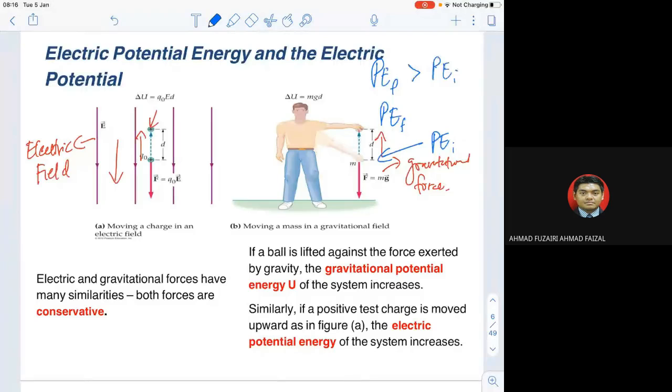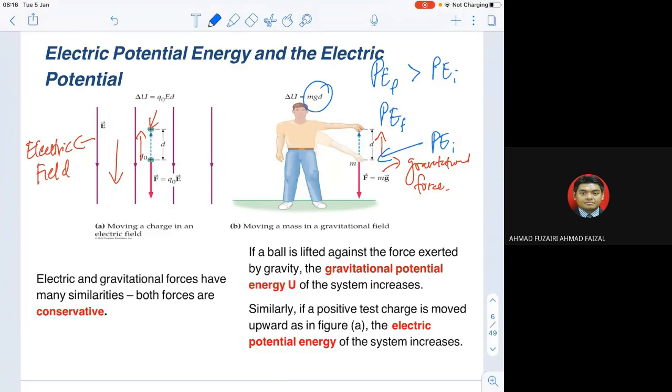Due to the formula MGH, because gravitational potential energy is MGH, or MGD according to this textbook. They use MGD, where D means displacement from one point to another. So we have increased the potential energy.